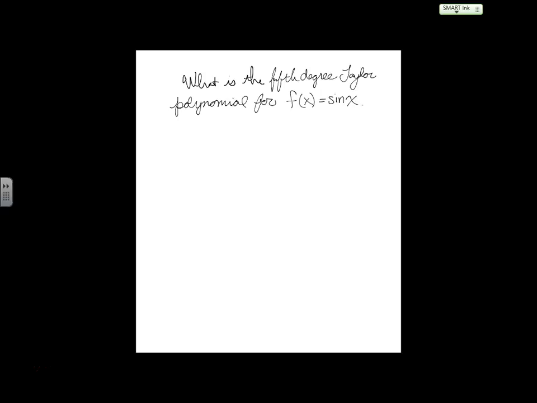A big example. So this word gets a little bit confusing because it depends on the function that's being expanded.